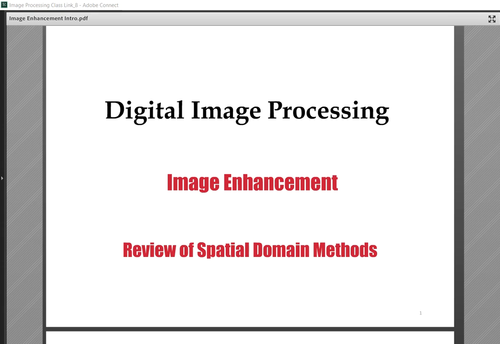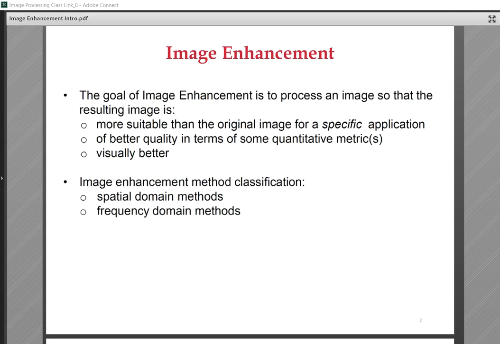The first part contained discrete Fourier transform, discrete cosine transform, discrete Hadamard transform, discrete Walsh transform, KLT, and these transforms.